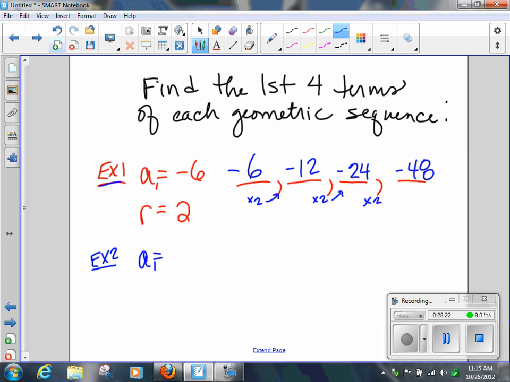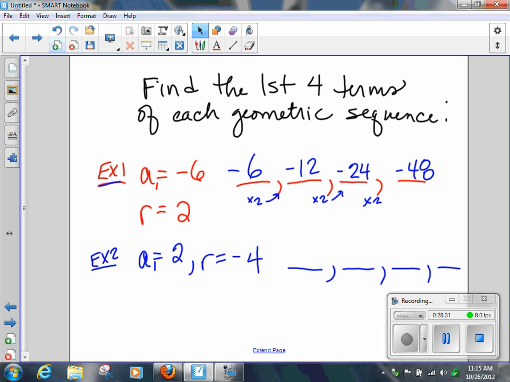A sub 1 is 2. Ratio is -4. Find the first 4 terms for me.